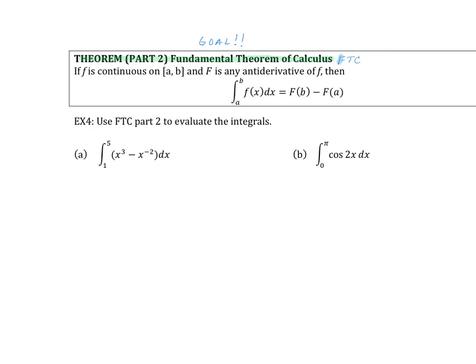And it goes back to the idea of the area function being an antiderivative. If you have definite limits of integration, then to evaluate the integral, all you do is take your antiderivative of b minus the antiderivative of a.